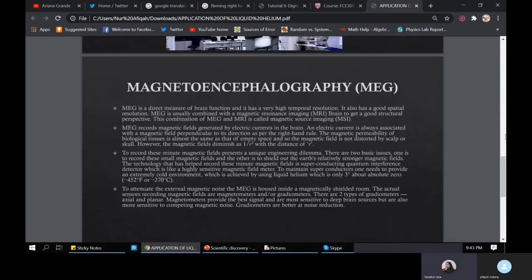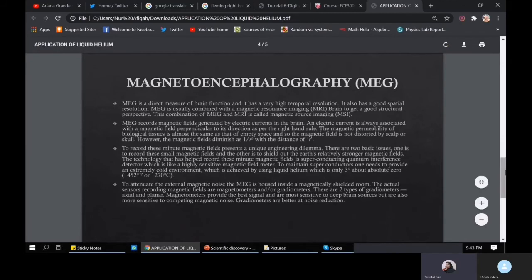For the last application of liquid helium, which is magnetoencephalography, it's quite hard to pronounce that name, so I will call it MEG.